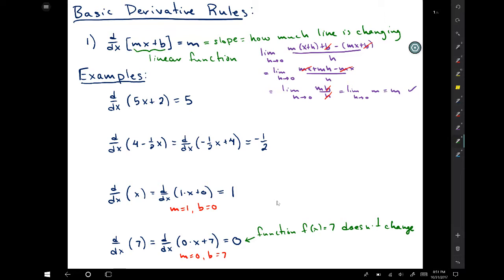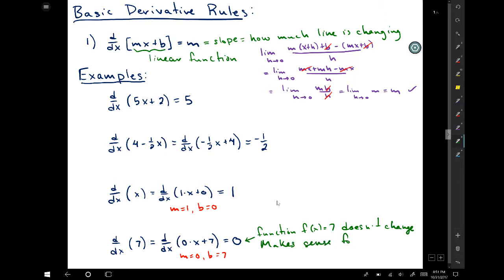And that makes sense because f of x equals 7 is a constant function. So this makes sense for a constant function. Yeah, this function does not change.